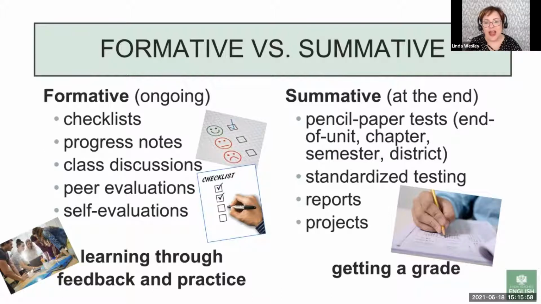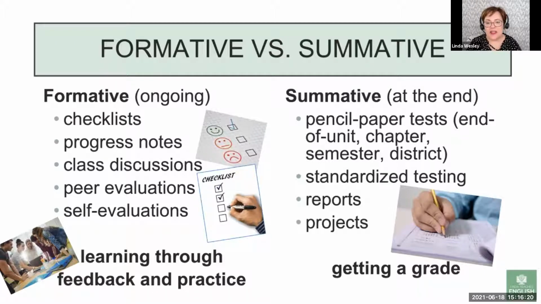On the flip side, we have summative assessment, which takes place at the end. And these are the things that we think of as pencil and paper tests, which are often at the end of the unit or the end of a chapter, the end of a semester. It might be a district test. It might be a national test.